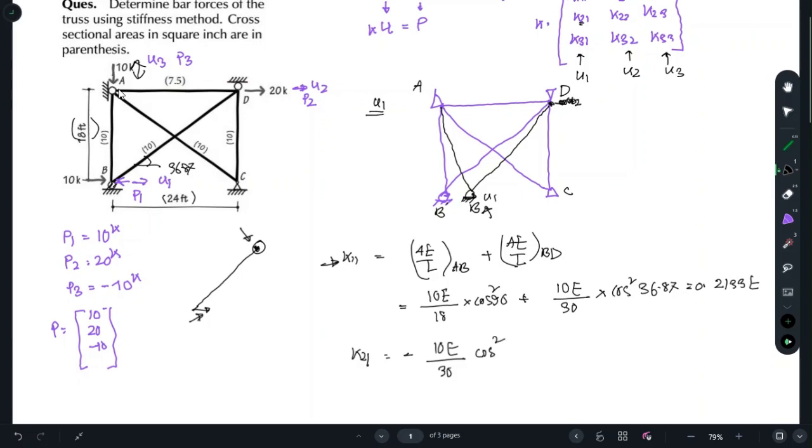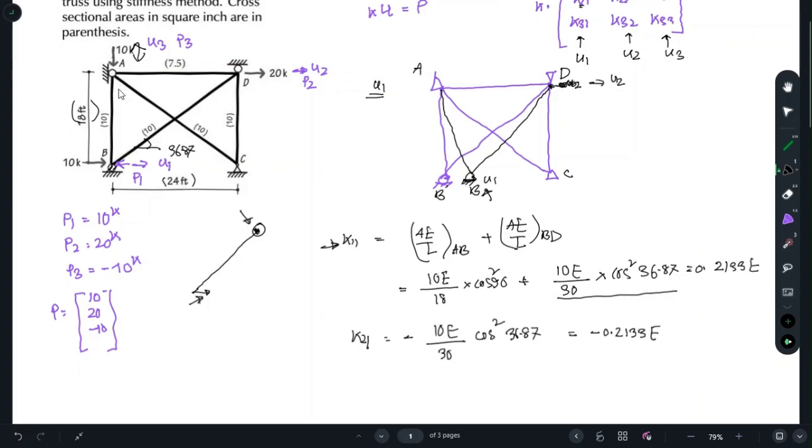So it would be cosine squared 36.87. Why cosine? Because at D, the DOF U2 was horizontal. So this is the thing, and you'll get a value of 0.2133.